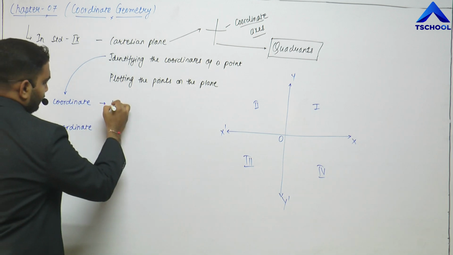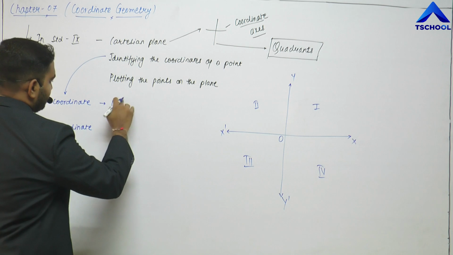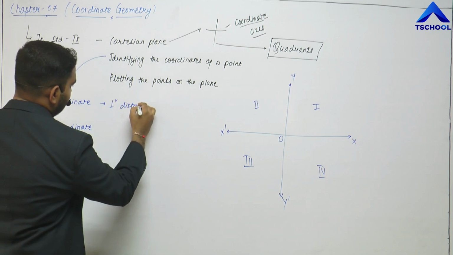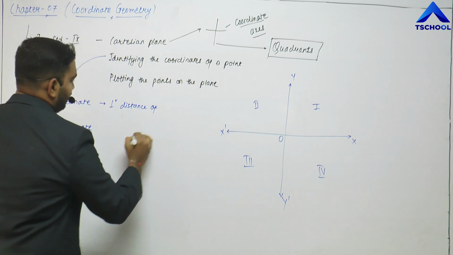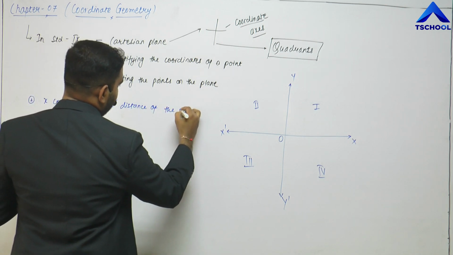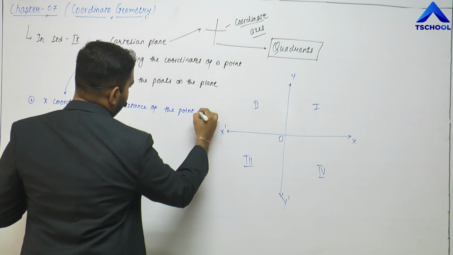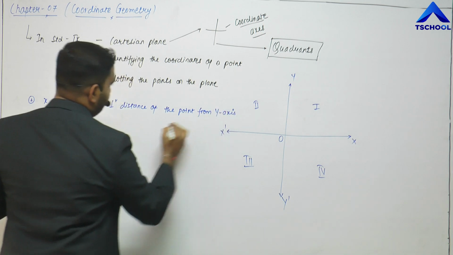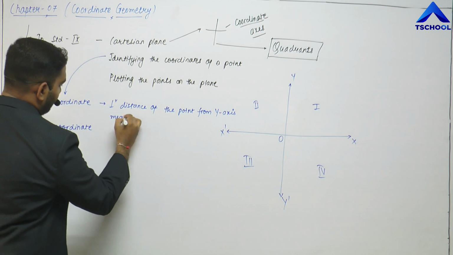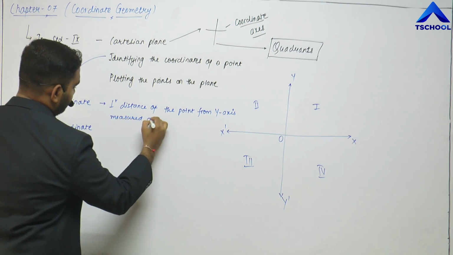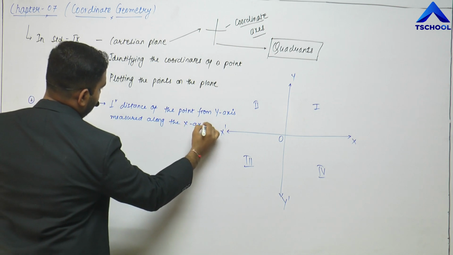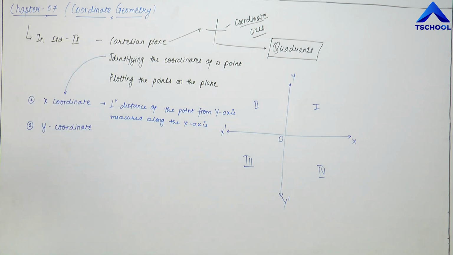That is the perpendicular distance of the point from the y-axis measured along the x-axis, right? This is about the x coordinate.